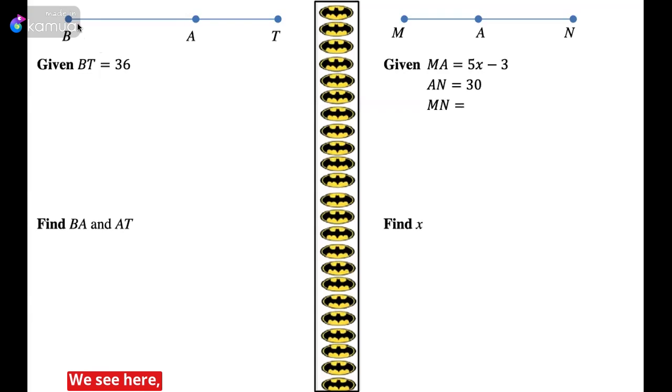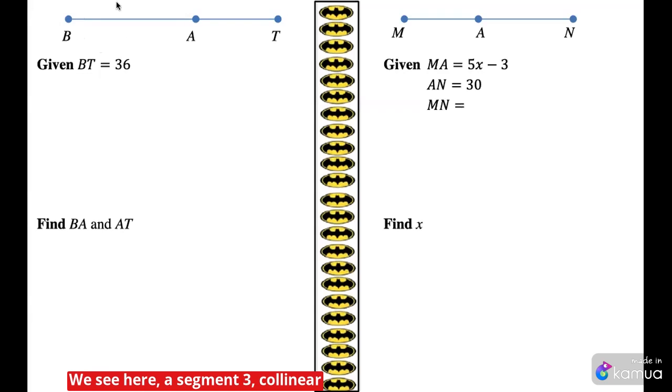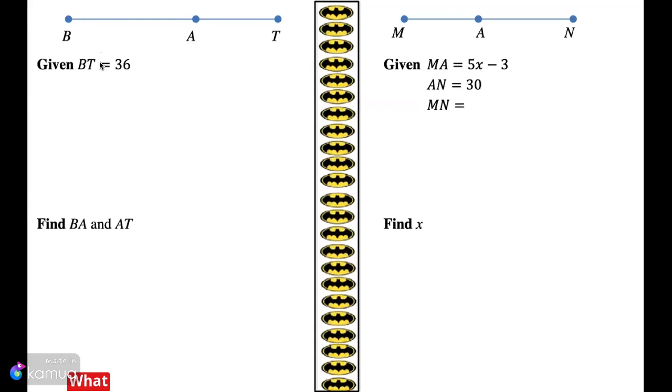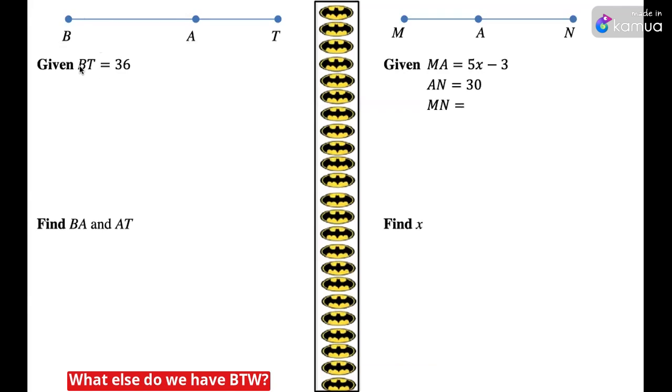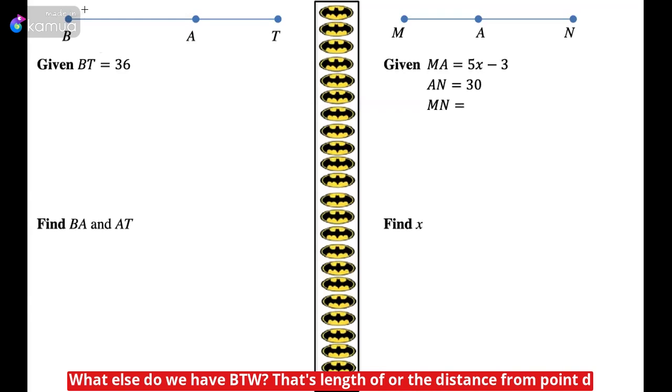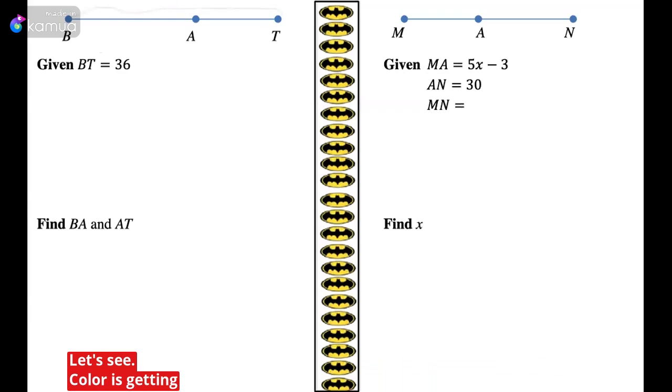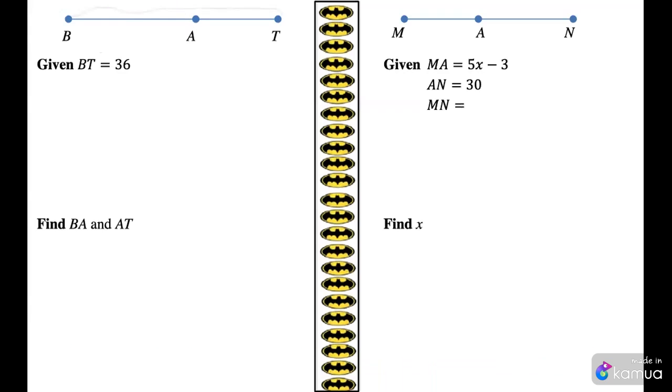We see here a segment, 3 collinear points, B, A, T, BAT. We do see that A is between B and T. What else do we have? BT, that's the length of, or the distance from point B to T. Now you can see that.